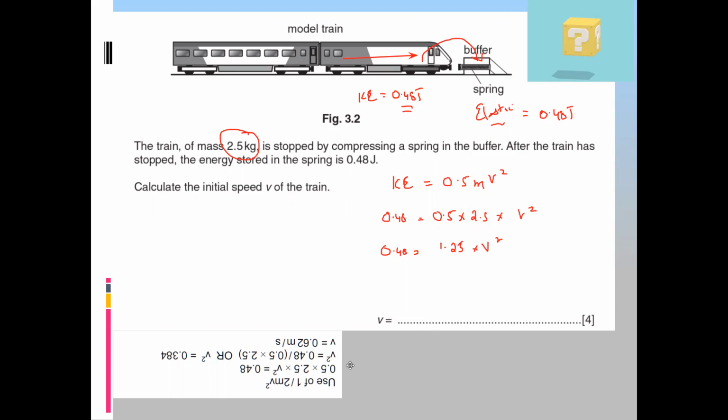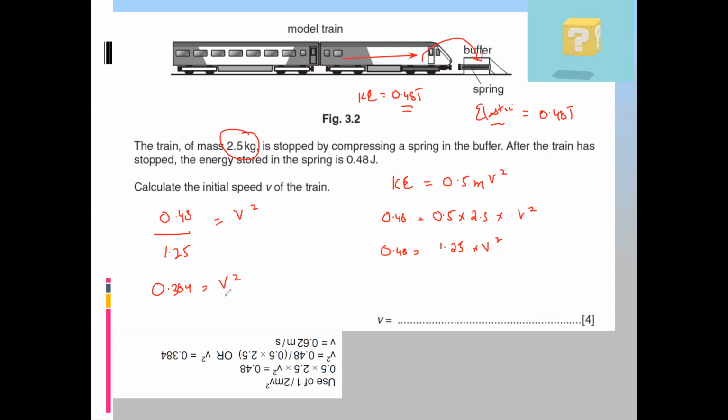So 1.25 is multiplied, on the other side it will divide. So 0.48 divided by 1.25 is equal to v square. 0.48 divided by 1.25 is equal to 0.384. So 0.384 is v square.